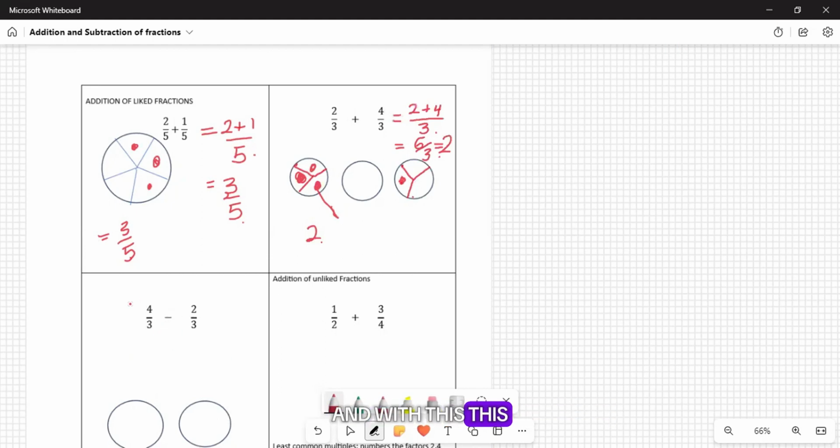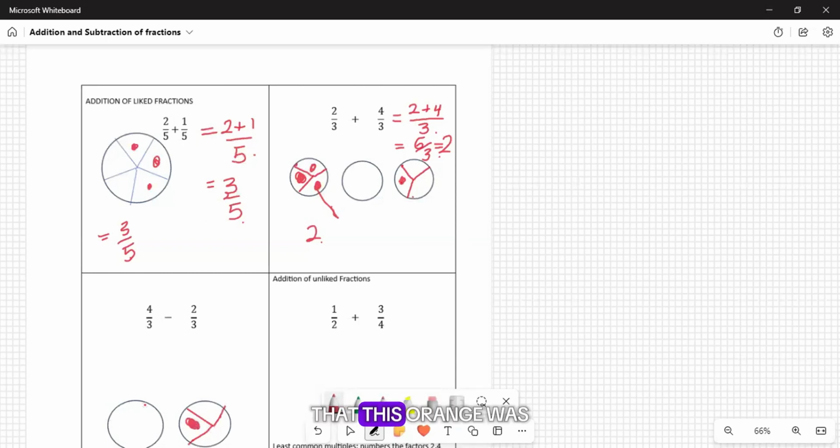And with this is one whole number, 1/3. So this is the first orange, and we are taking 1/3. So let's take 1/3 from here. So this orange has been divided into 3 equal parts, and we are taking 1/3 here.